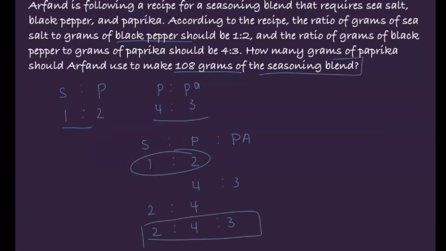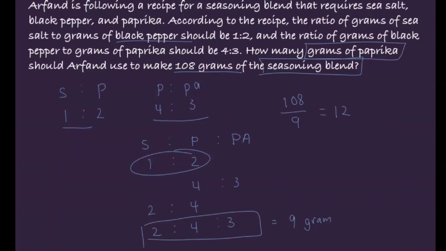Now, since we're adding everything together, this is equal to 2 + 4 + 3, that is 9. So now we have 9 total grams. We can divide 180 by 9, and we would get 12.